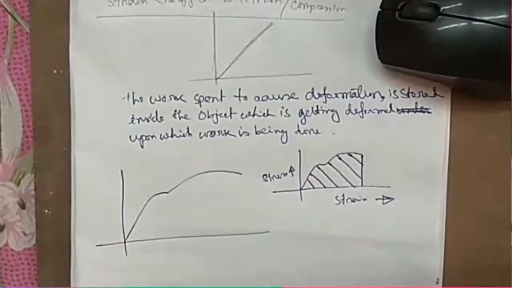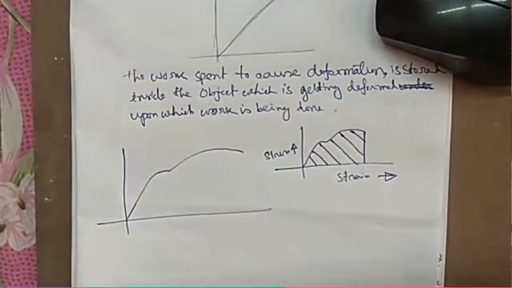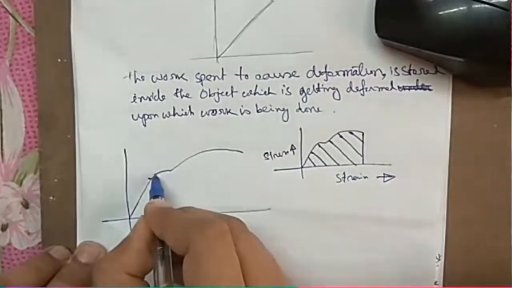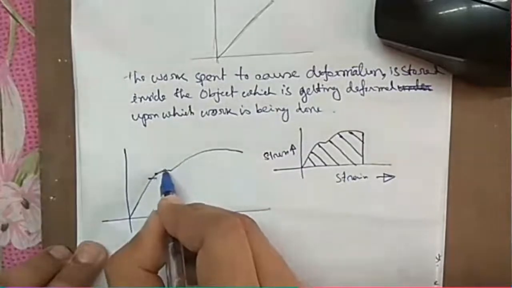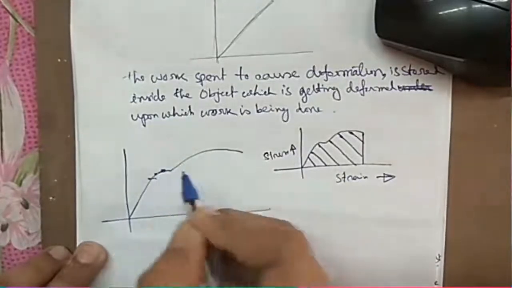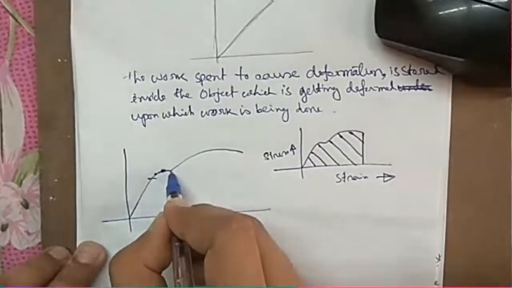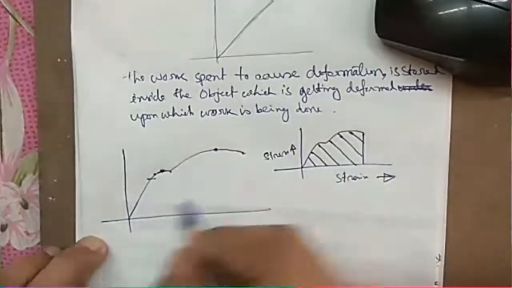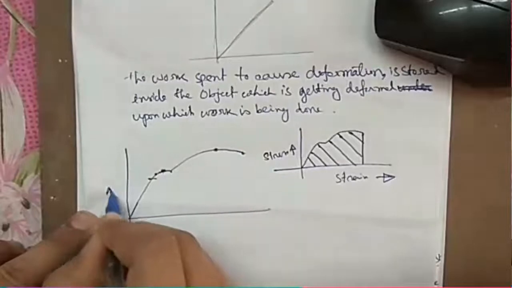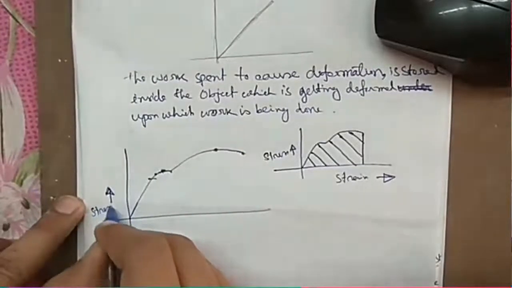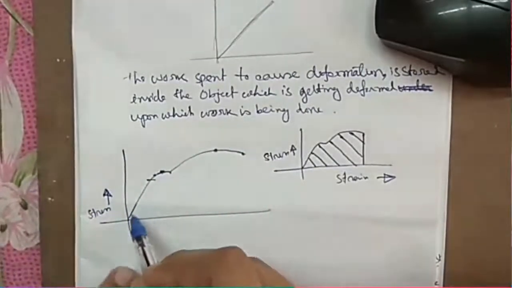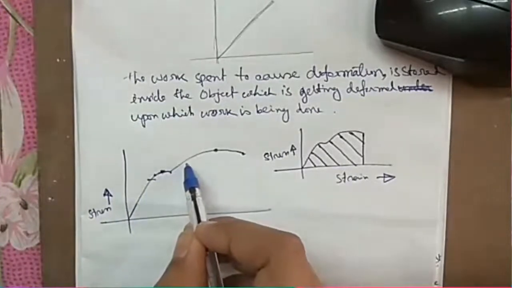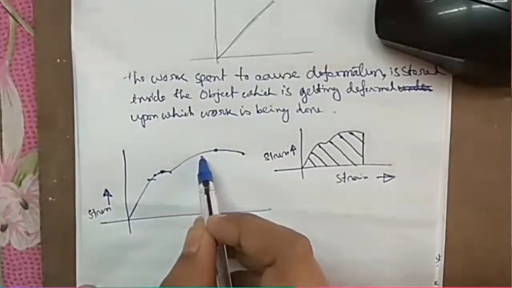If we remember the different points, up to this point it is the proportionality limit, this point is the elastic limit, this is the yield point, this is another yield point, this is the ultimate stress, this is the breaking point. So we are increasing the stress, and as stress goes on increasing, the material goes on deforming.